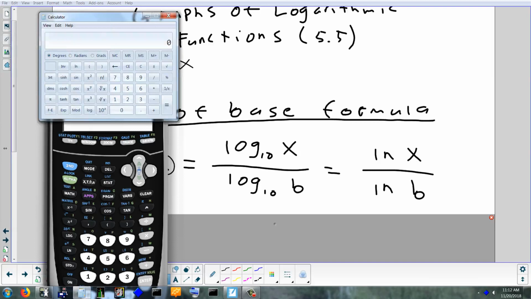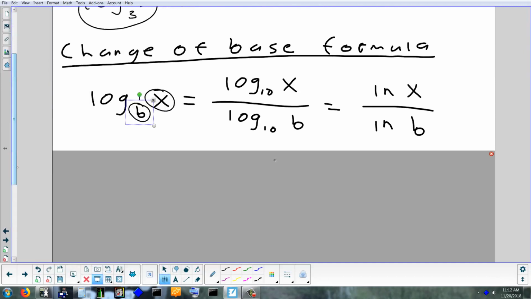Some of the graphing ones have another way to do it as well. For the 84, at least the one that I have, you can hit the alpha key and then y equals for the graphing solve, and then you can go to the functions and it has a log base. So some of the calculators have a function built into them that you can type it in. If you don't, you can always type it in this way and it'll work.